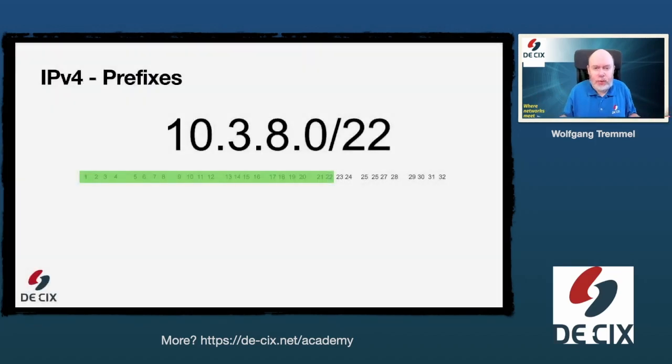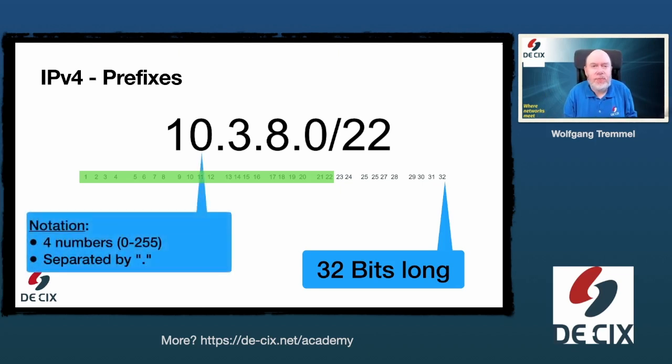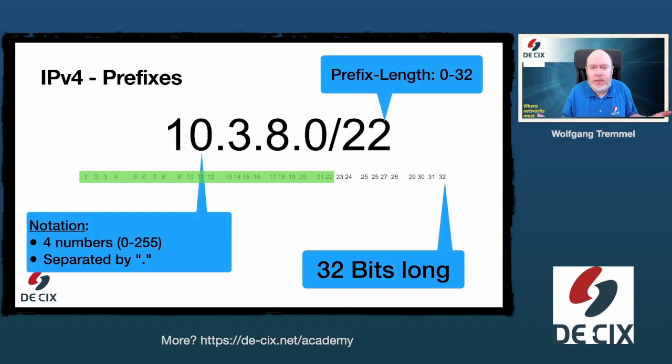For IPv4, of course, we also have prefixes written in the standard IPv4 notation and just 32 bits long. So the address is 32 bits long, and the prefix here, we have a /22. That means we have 22 bits in the network part. The notation is decimal numbers separated by dots. The prefix length, of course, can be between 0 and 32 bits.